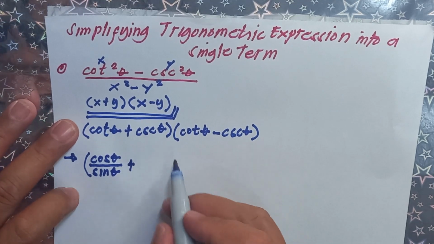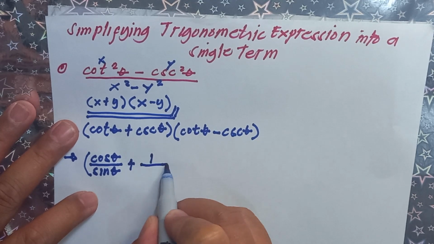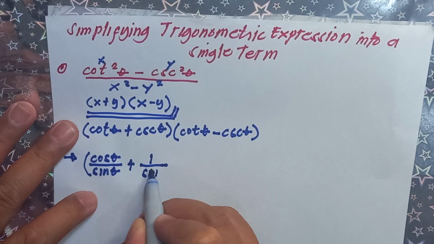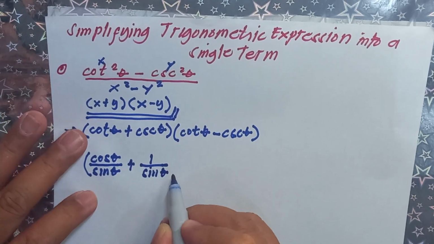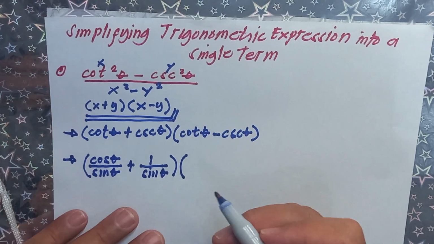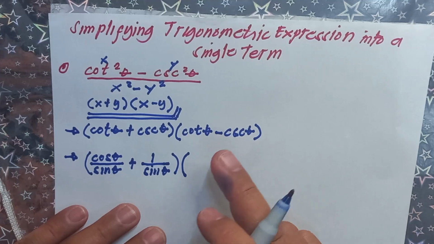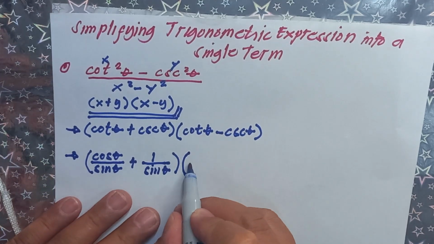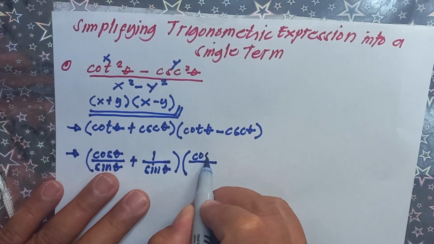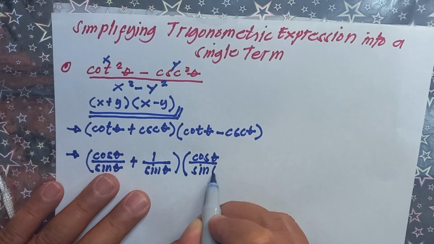The definition of cosecant in terms of sine is 1 over sine theta. Okay, so that is how to simplify. Now what about the other factor? The same: cotangent theta is cosine theta over sine theta.